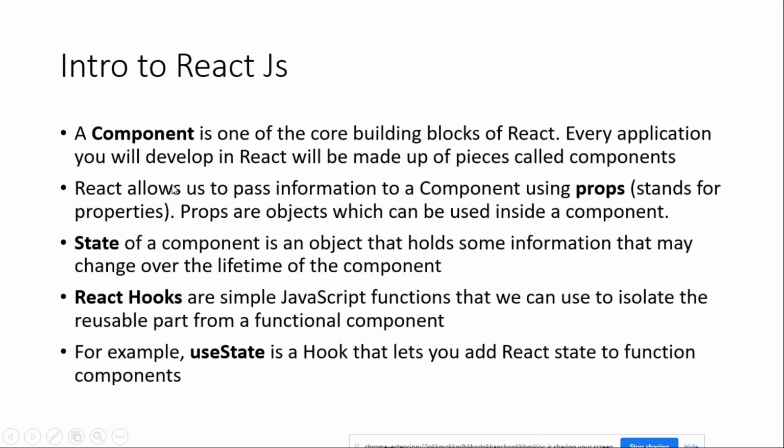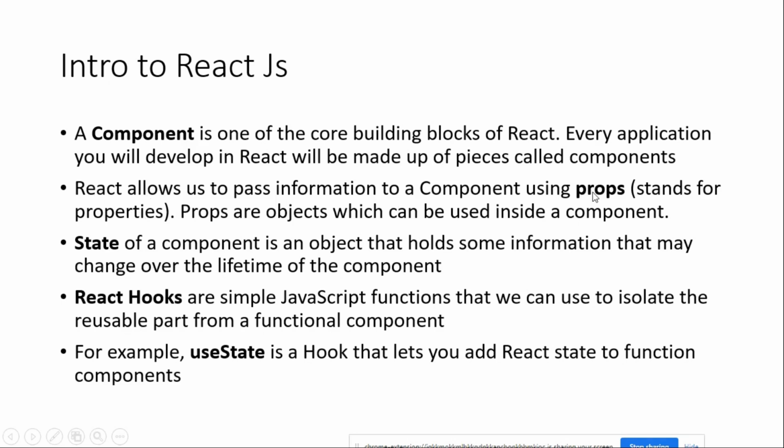Okay, so next, if we move forward, let's talk about components, state, React hooks, and other important things like props. So what's a component? A component is one of the core building blocks of React. You will build a lot of components when we develop the front end of this application. Then the next thing is props.